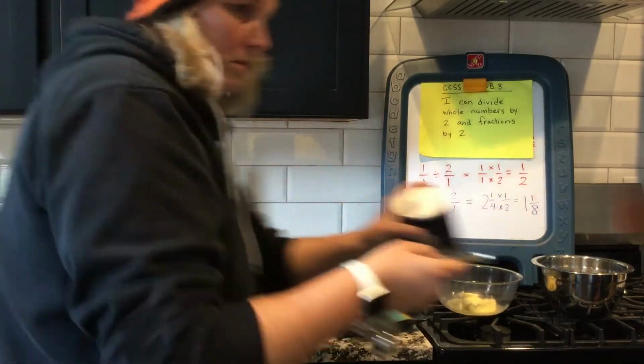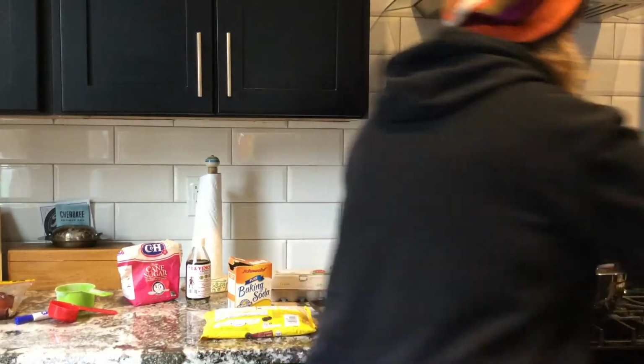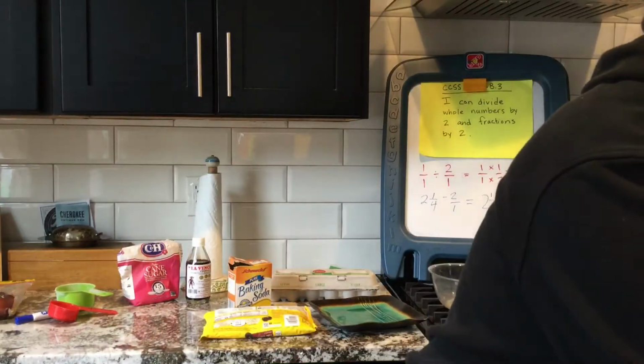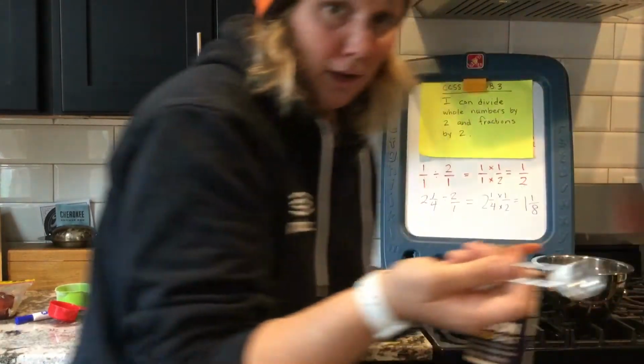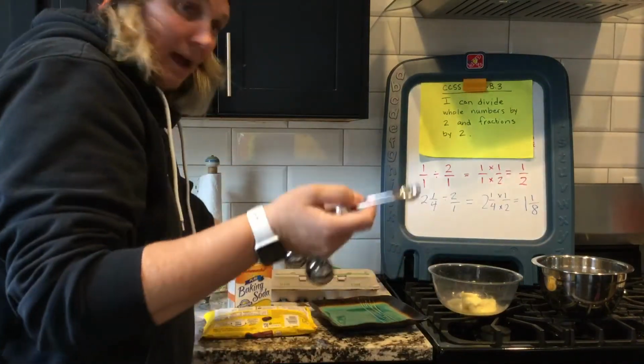Here we go. And that goes in with this. And then another half a teaspoon, a half plus a half is a whole. Okay, I actually like my cookies a little more salty, so I might add a little bit later, but we'll be exact for now.